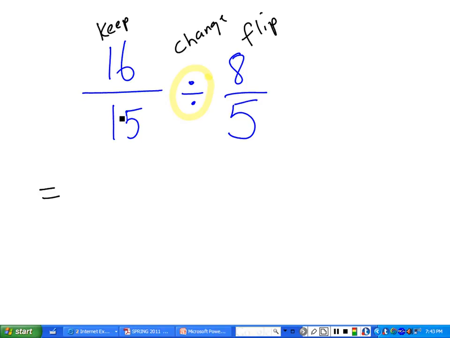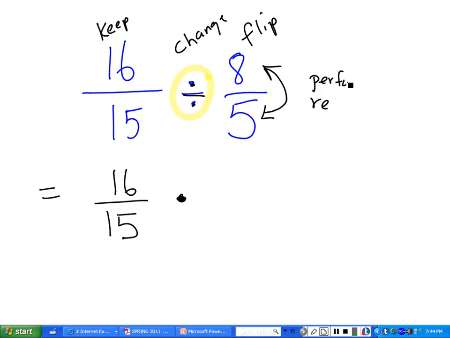We're going to keep the 16 over 15 the same way, but we're going to change this division symbol to a multiplication symbol, and we're going to flip 8 over 5, and we call this the reciprocal. So when we flip it, the reciprocal is 5 over 8.